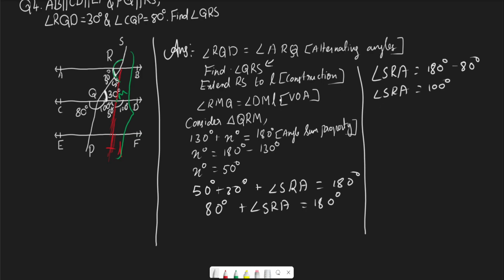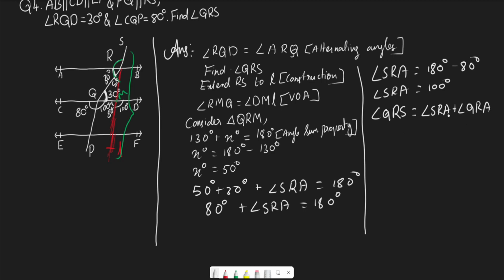This is why I wrote it here. It's easier to find when we just go to the first lines of our answer. So angle QRS is equal to angle SRA plus which angle? Angle QRA, right?